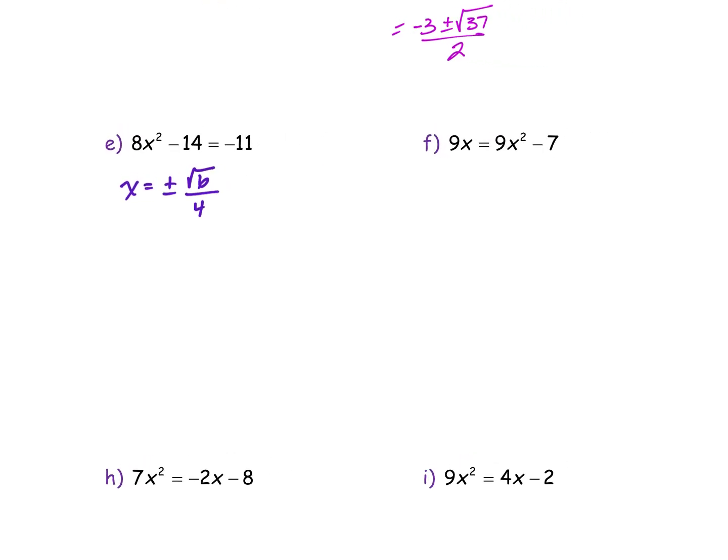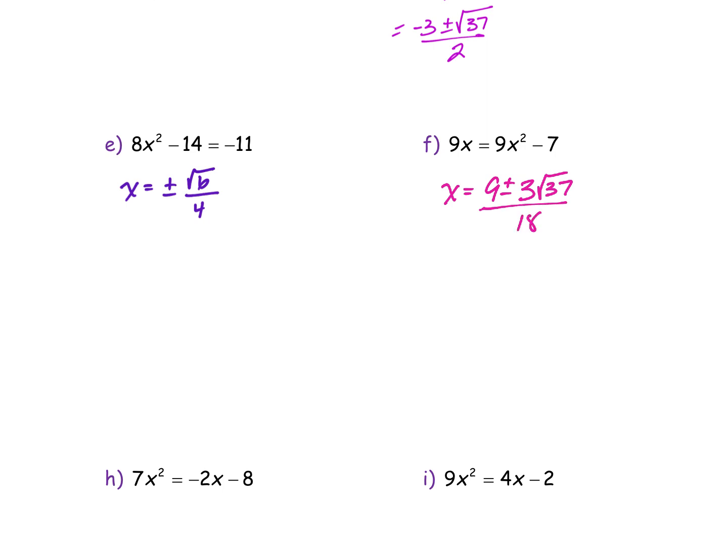And the answer for F, and all of these are done by the quadratic formula, just so you guys know. The answer for F was x is going to equal 9 plus or minus 3 square root, oh, I didn't finish this one, of 37 divided by 18.